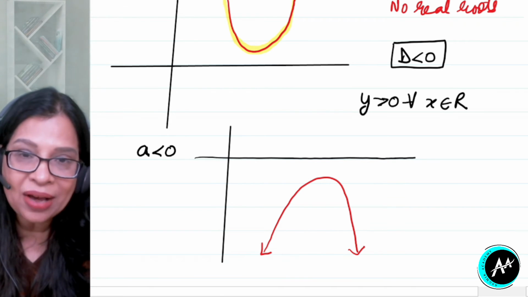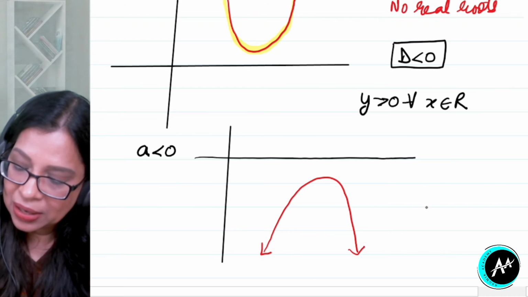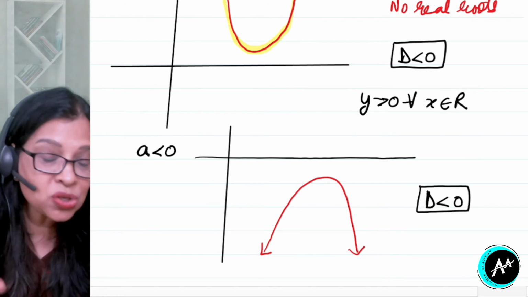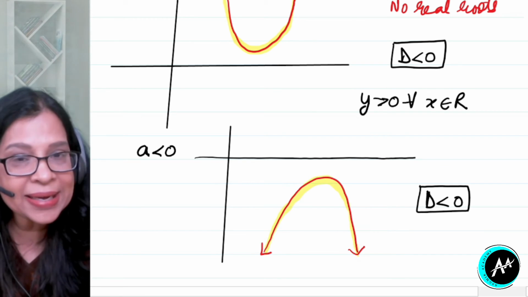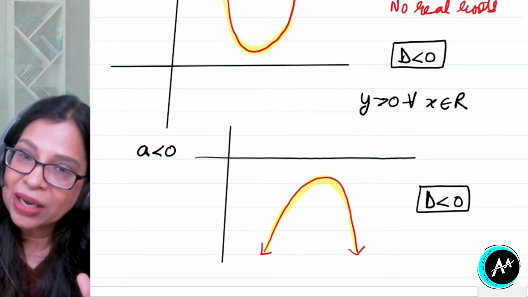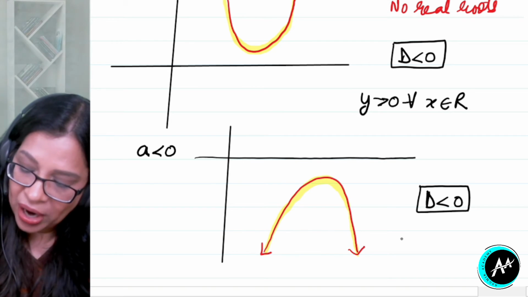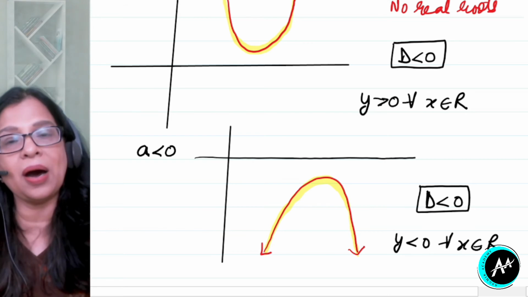Again we do not have any real roots, so here again I will have d to be less than 0. So discriminant will be negative. And also observe one thing, whatever x you may take, graph is below x-axis, so for every real value of x, y is negative. So I can say that y is less than 0 for all x belonging to R.